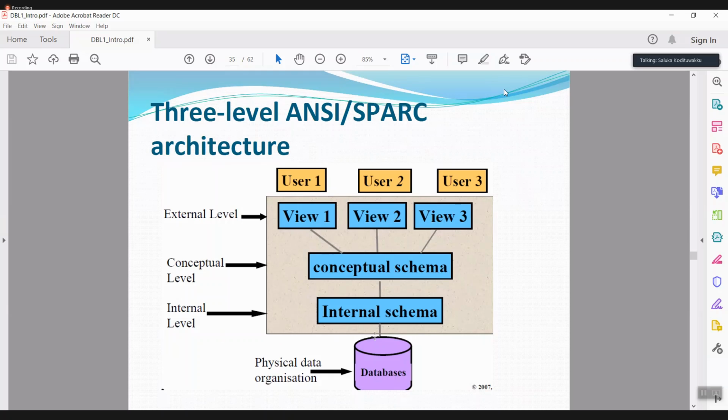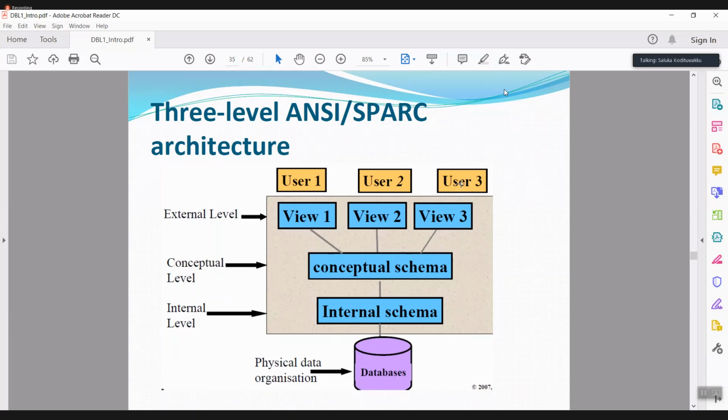But this is only the graphical view. Just assume that a particular user, say user 3, wants to access this database for retrieval or updates. User 3 can't go directly to the disk or the tape. What user 3 should do is access it through the conceptual schema.